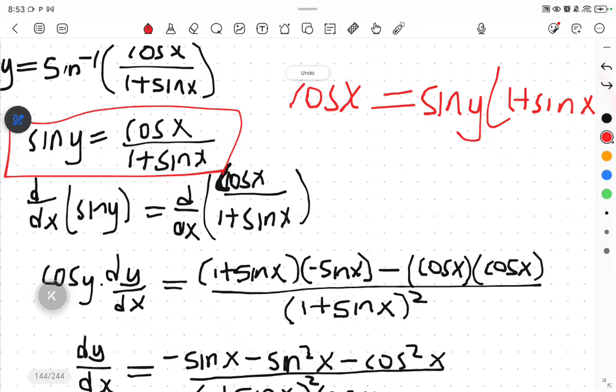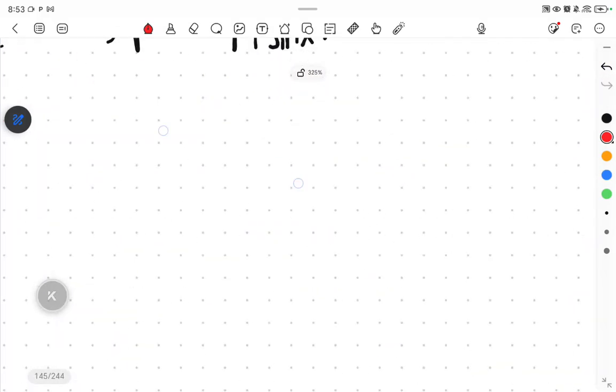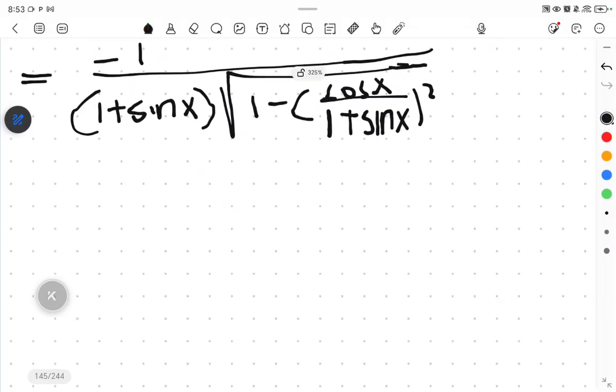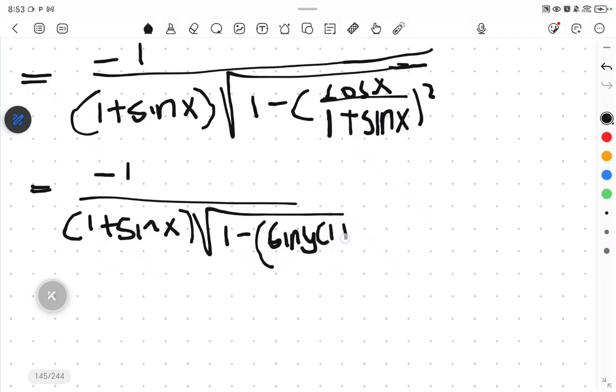So now I can have sin y by 1 plus sin x. There on cos means that this will just be equal to minus 1 over 1 plus sin x, the root of 1 minus, on cos I said that I can have sin y times 1 plus sin x. You see, right? All over 1 plus sin x.